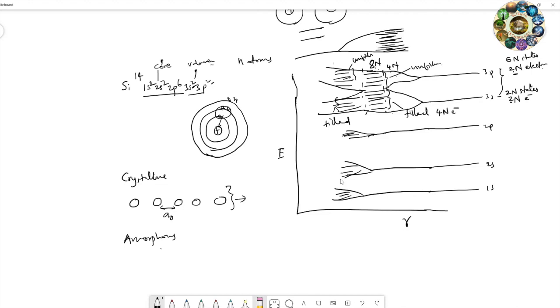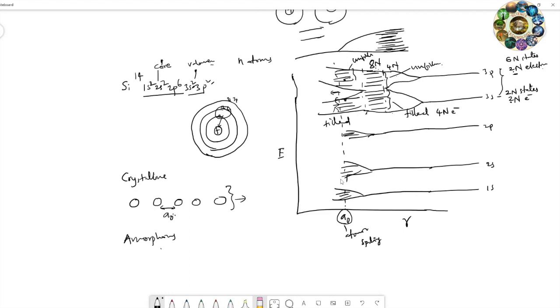At equilibrium, which means there is no attraction or repulsion between the atoms, at the equilibrium position a0, the atomic spacing in a crystal, there is a gap between the filled and unfilled states.